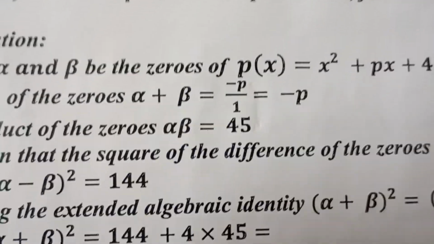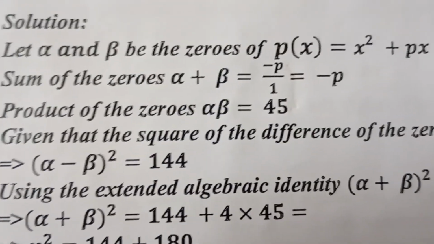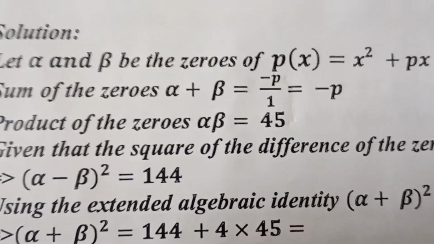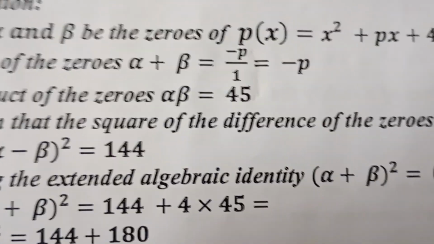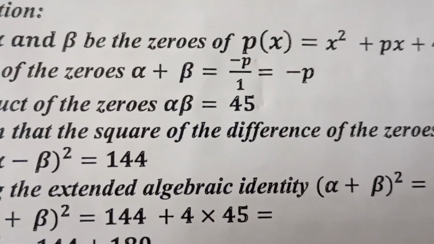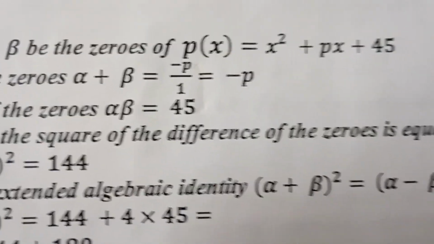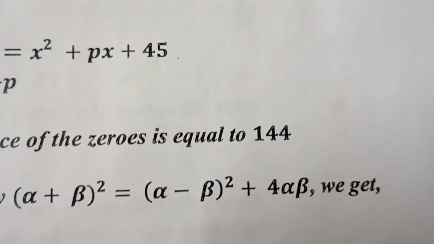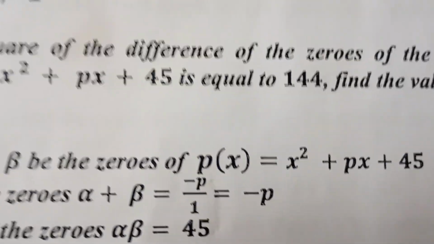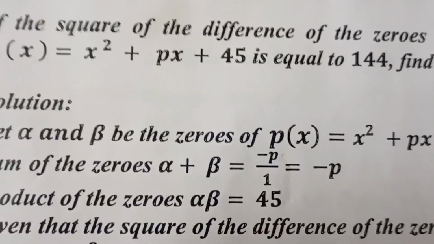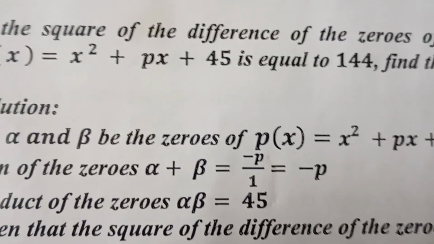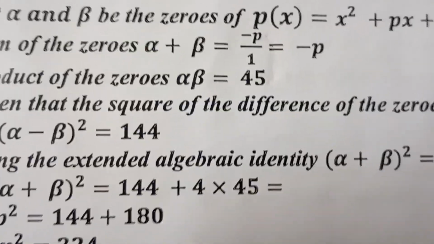The square of the difference of the zeros, alpha minus beta the whole squared is 144. So we substitute that value there. 144 plus 4 times alpha beta. Alpha beta is equal to 45. We already found out that product of the zeros, alpha beta is equal to 45. We substitute the value here.